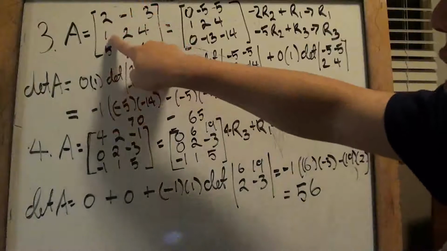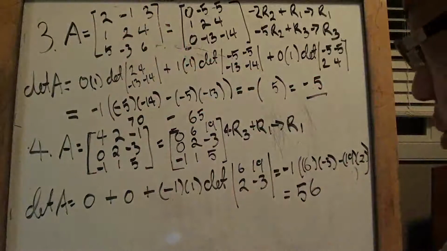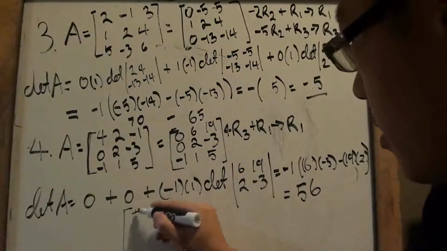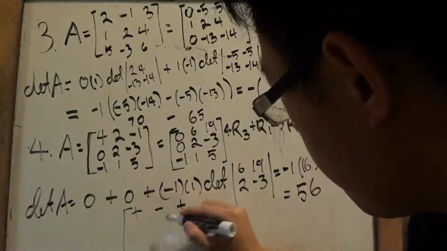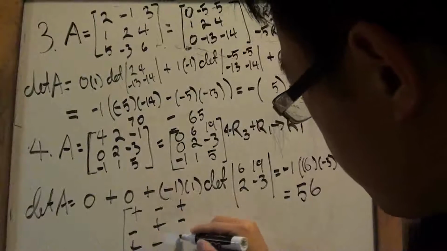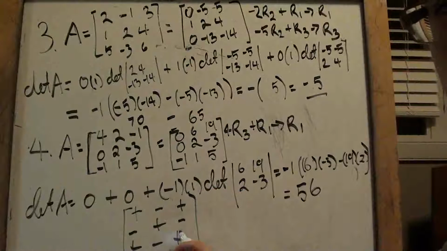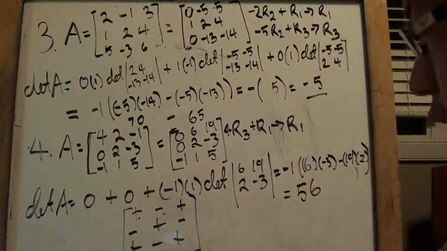But if it was this number, for example, you guys can see, I'm actually just going to draw this so that you know what I'm talking about. So I'm talking about this chart. You can sort of see it. And this applies to any dimensions.